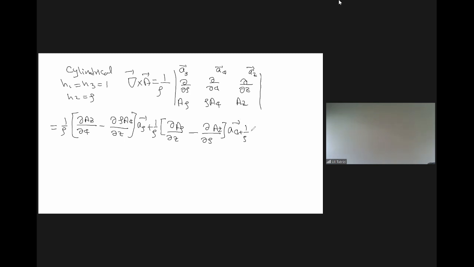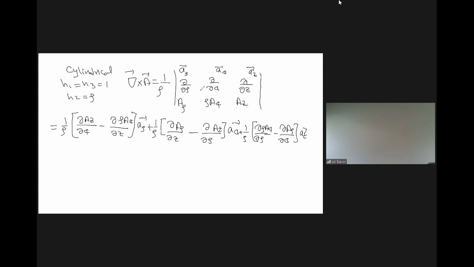Plus 1 over ρ, again, open bracket, last column, last row. It's ∂/∂ρ of ρ Aφ minus ∂/∂φ of Aρ.